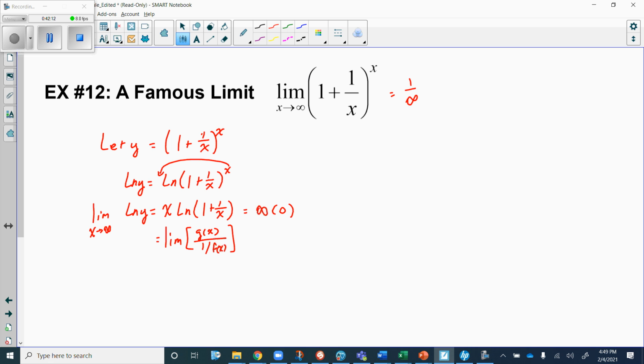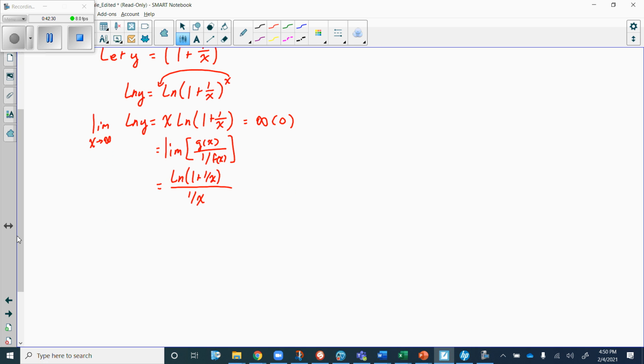And if I do that, that's going to give me the natural log of 1 plus 1 over x, over 1 over x. And now we're going to start taking the derivative of both the numerator and the denominator for L'Hopital's rule.